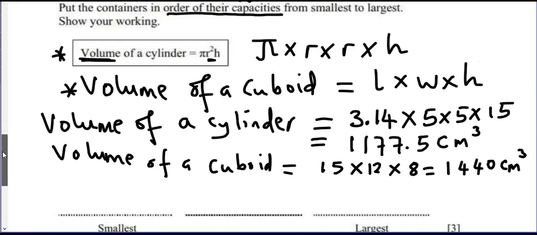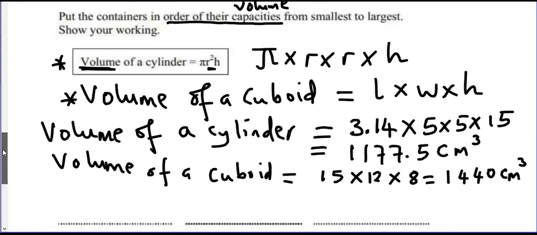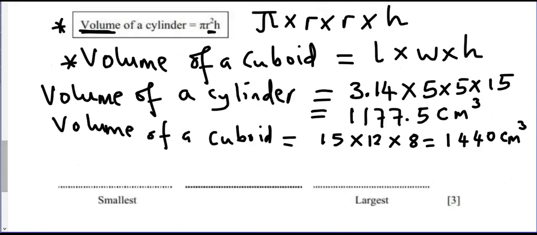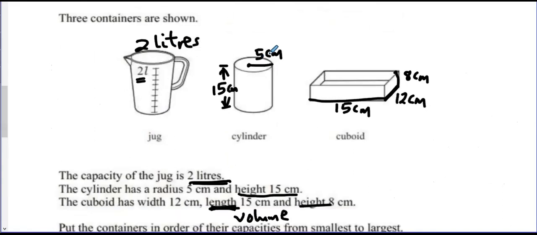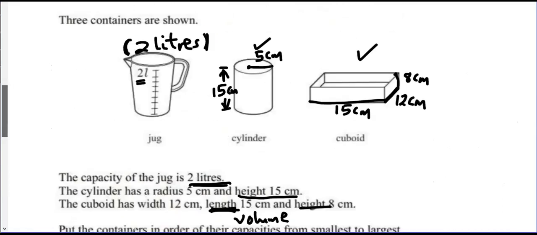So now, 1440 centimeter cube. Now let's go to the volume of a jug. The volume of a jug is 2 liters. But as you can see, this is centimeter cube, this is centimeter cube, this is in centimeter cube. Now we need to change these 2 liters into centimeter cube.